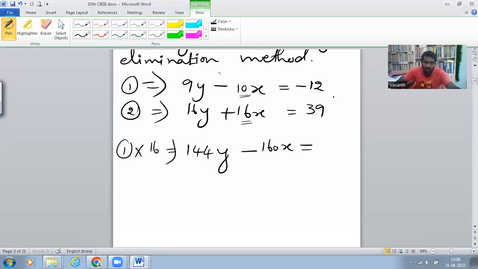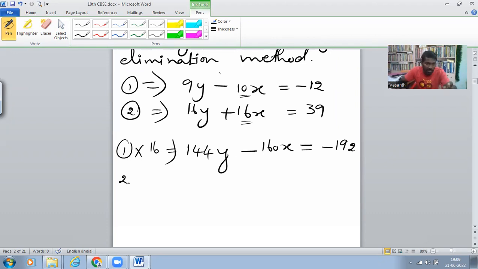All the terms in equation number 1 are multiplied by 16, where 16 is the coefficient of x in equation number 2. 16 into minus 12 is minus 192. Very good.